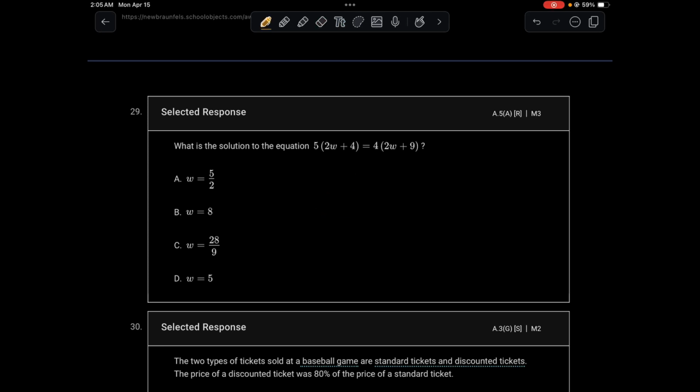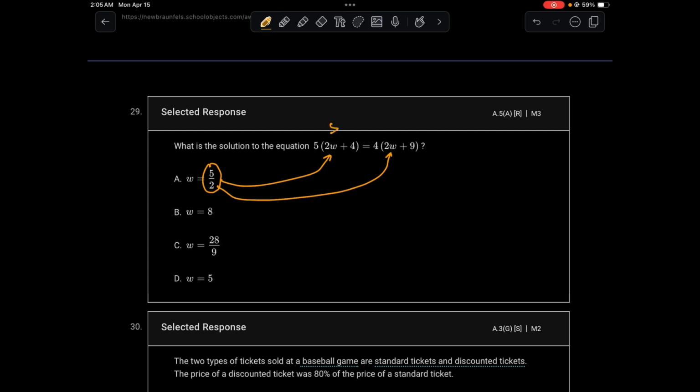Another way, if I didn't have a graphing calculator, I could take this one and plug it for w here and there, and then do PEMDAS to the left and PEMDAS to the right. You don't have to do the rest.